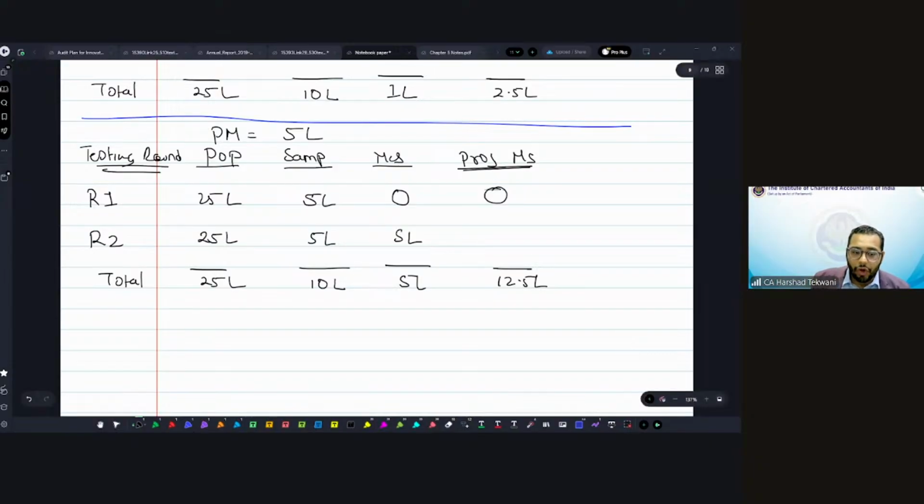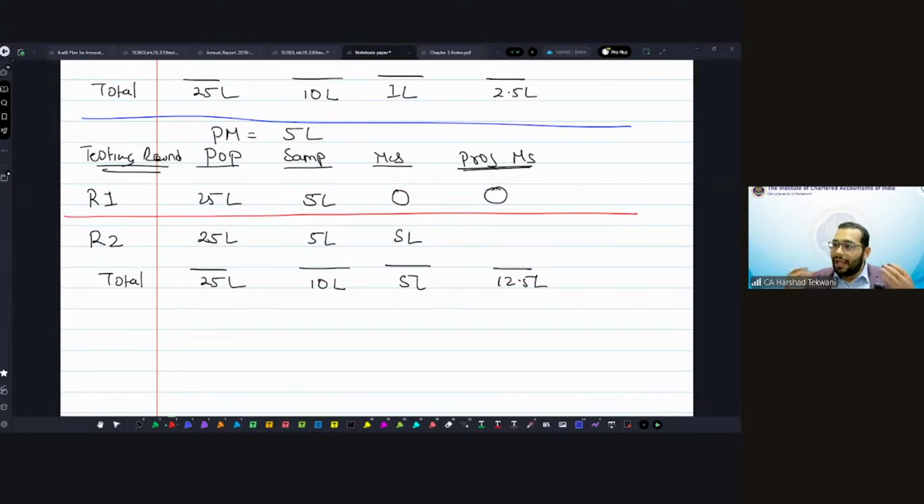So in this scenario, if I would have closed my testing over here, my conclusion was everything is positive. If I would have closed my testing here, I would have come to a conclusion that there is no misstatement. And there was a sampling risk called a false positive.